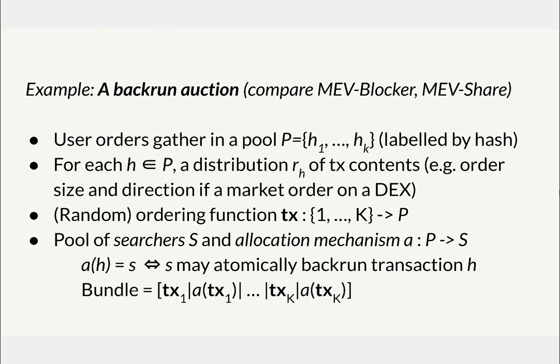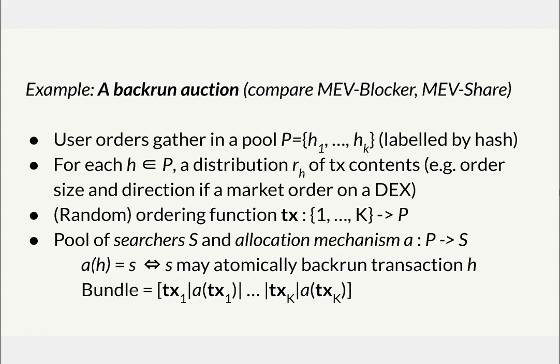And if these orders are transactions or market orders on a constant function market maker DEX, we can imagine their contents as being parameterized by a real number indicating their size and direction. These transactions are then placed into some order by a scheduler, possibly out of the control of any of the parties under consideration here. So that's this function tx, which gives you transactions tx1 up to txk.